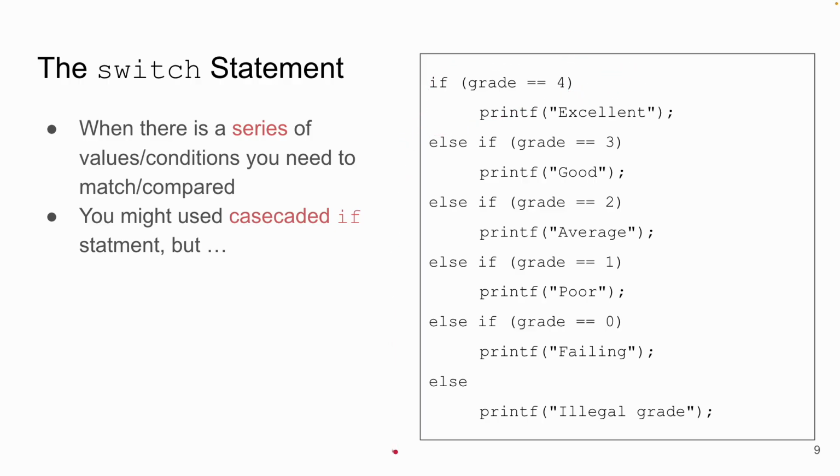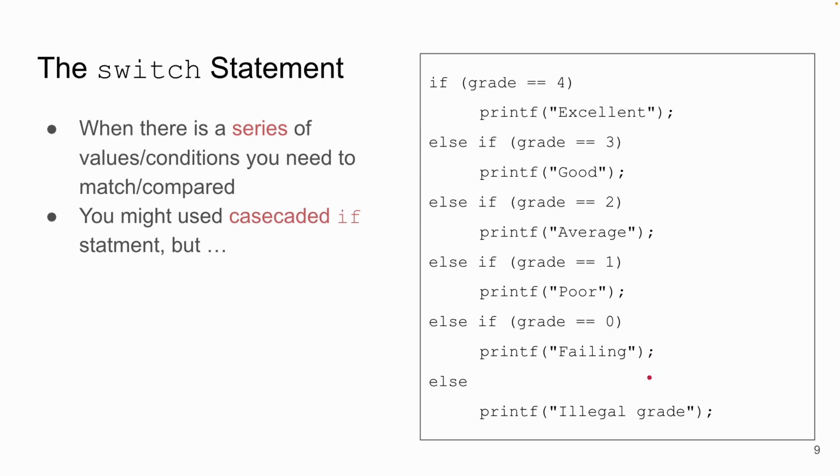For example, I want to print out the correct message based on the grade the student received. If the grade equals 4, then I want to print out the excellent message. But if the grade is equal to 3, then this is good. You can see we have different messages for different grades.